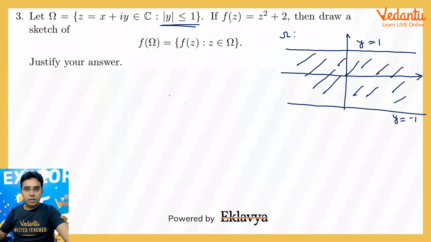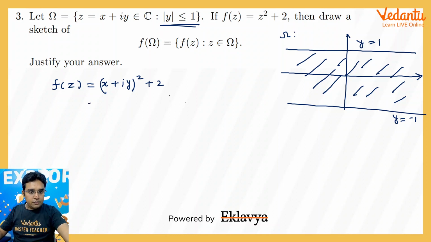That is our question. So here please see, I can write this f(z) is equal to (x plus iota y) whole square plus 2, and this will give you x square plus 2 minus y square plus iota into 2xy. Simple formula, nothing else.